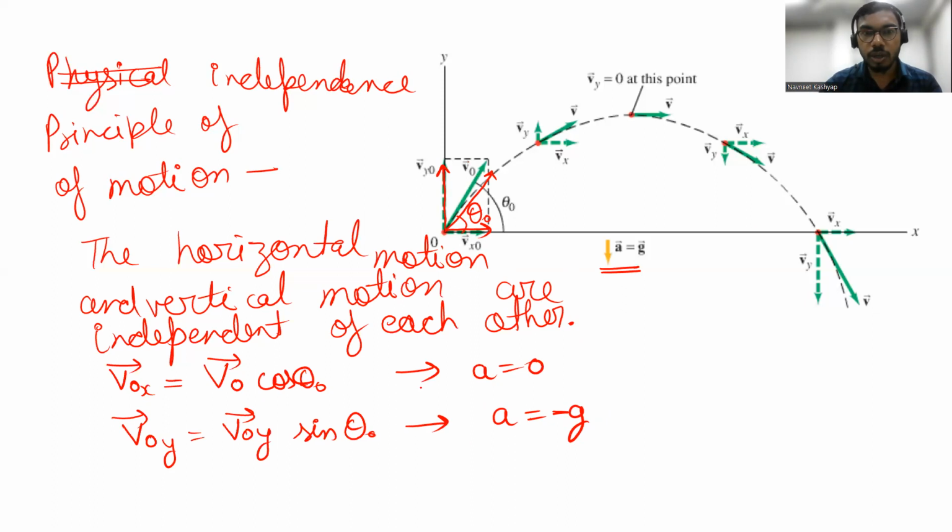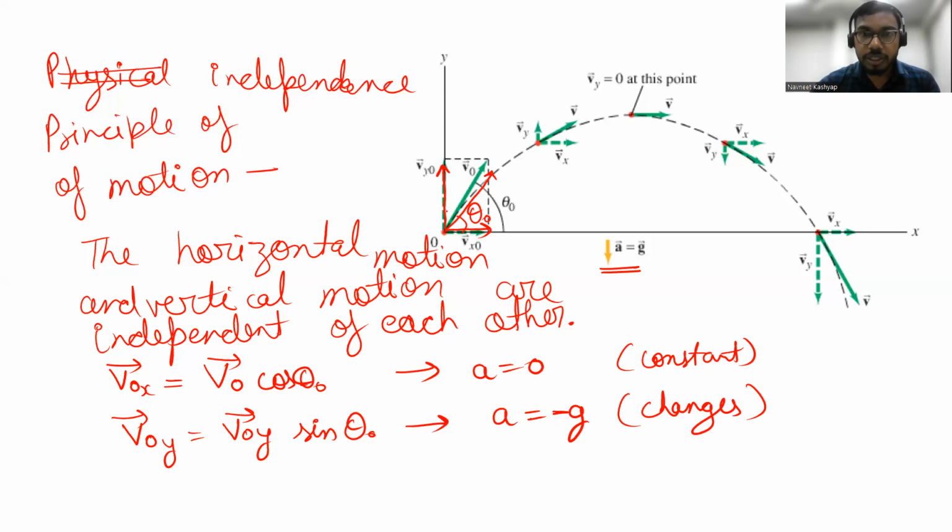So the horizontal component always remains constant throughout the motion, but the vertical component changes continuously due to this negative acceleration.